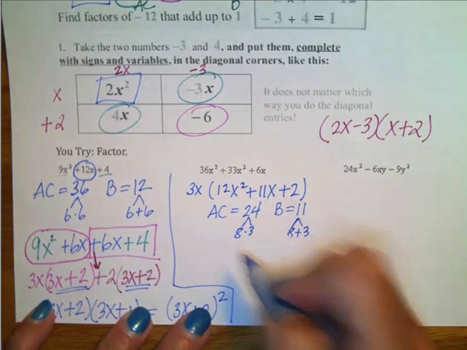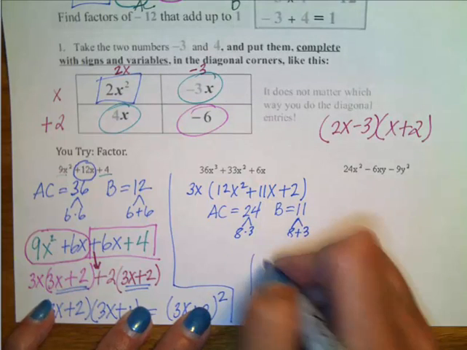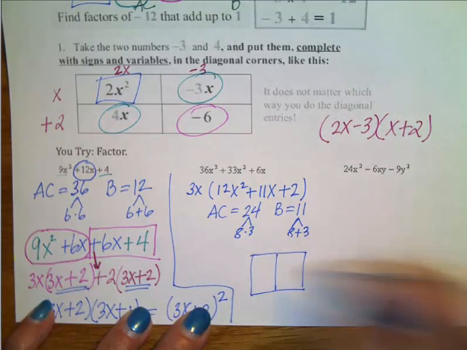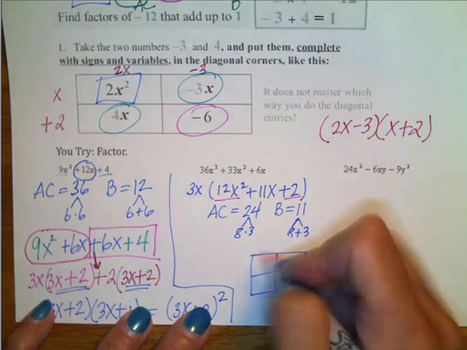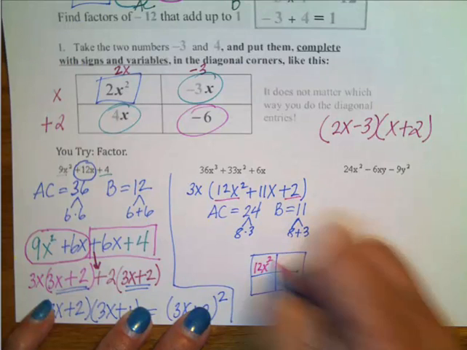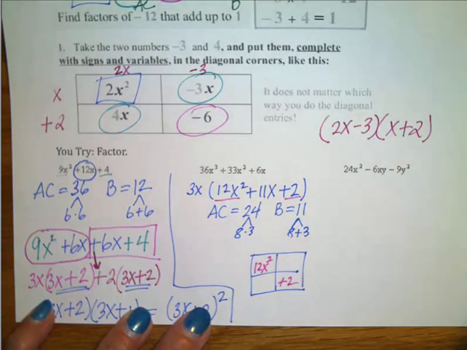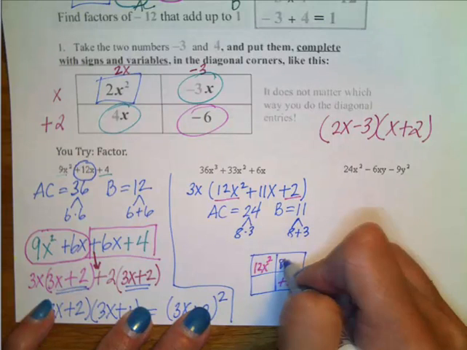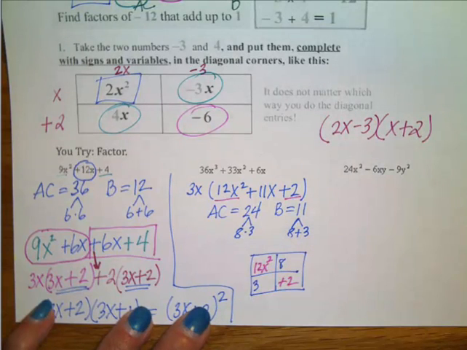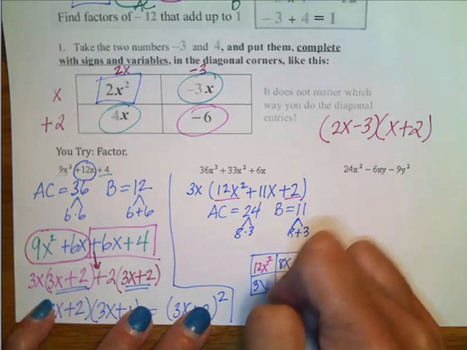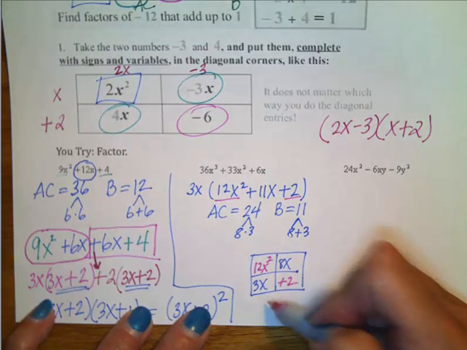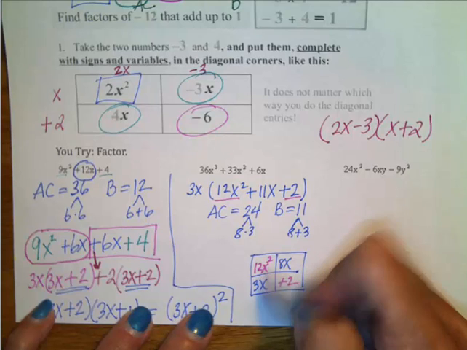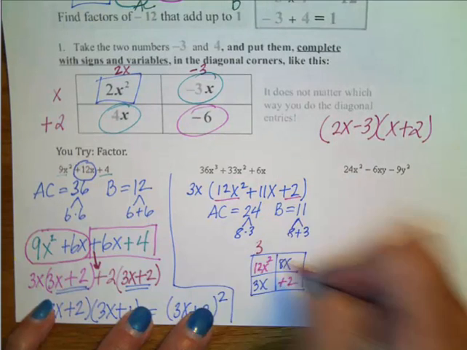So I'm going to use the box. I forgot almost. So my first term, 12x squared, and my last term, 2, go in the first box and the last box. My split the middle of 8 and 3 go in the other two boxes. It doesn't matter where. And don't forget they need to have x's after them because 8x and 3x is 11x. And now I need to GCF. So GCF all columns and all rows. So column, we have a 3 and an x.